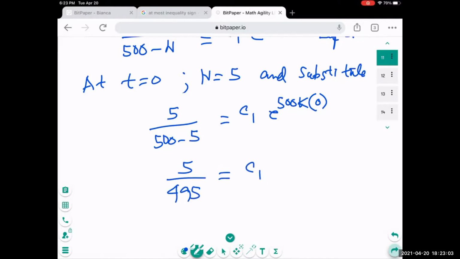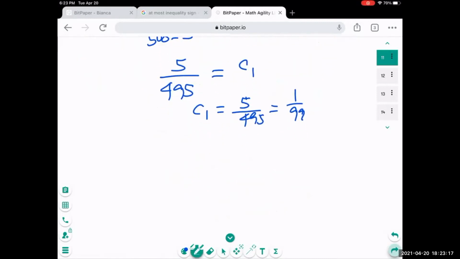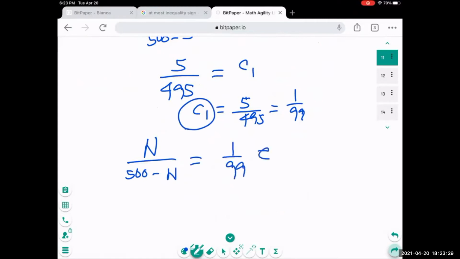So c sub 1 is equal to 5 over 495, or if we simplify it, it would be 1 over 99. So our equation would now be in this form, since we already solved the arbitrary constant c here: 1 over 99 e to the 500 kt.